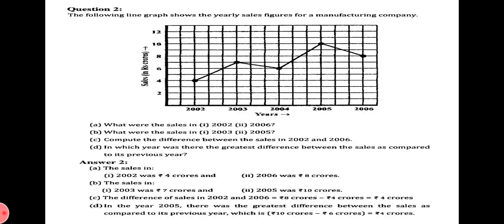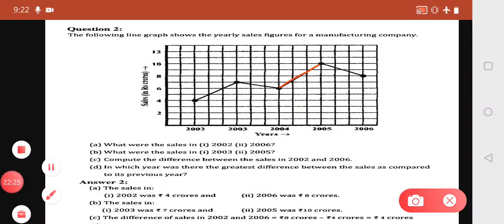And the last question of question number 2 is, in which year was there the greatest difference between the sales as compared to its previous year? Now we have to check in which 2 years the difference was the greatest when we compare the sale with the previous year. Now you can see the difference, the longest line, you can see this one.